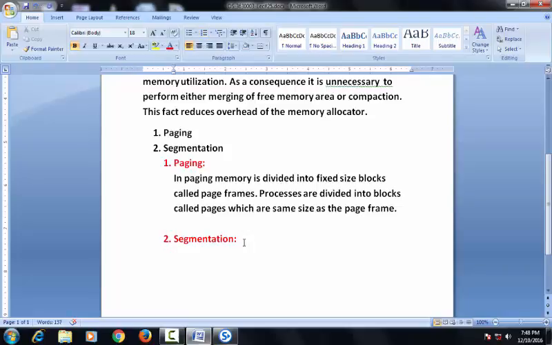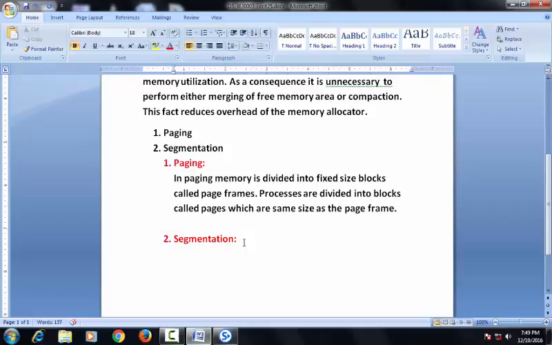So let's start. Segmentation, like paging, divides a program into a smaller number of blocks called segments. Now what you have to recall is, in the paging technique we divided a single process into blocks which are the same in size.